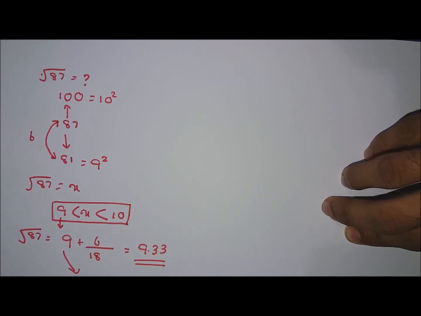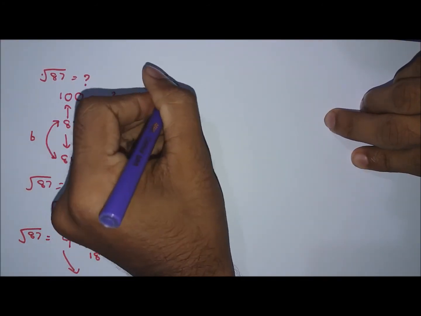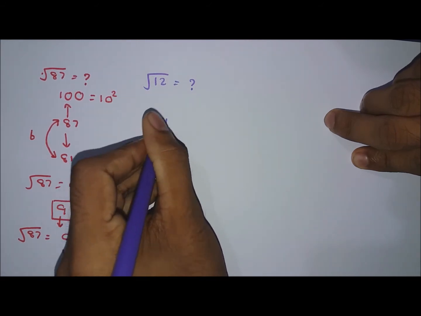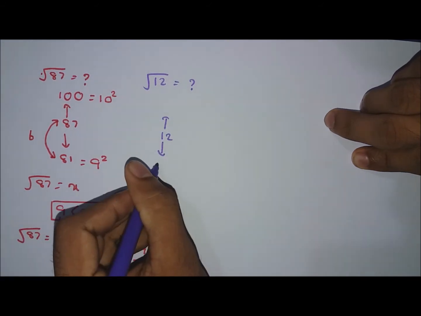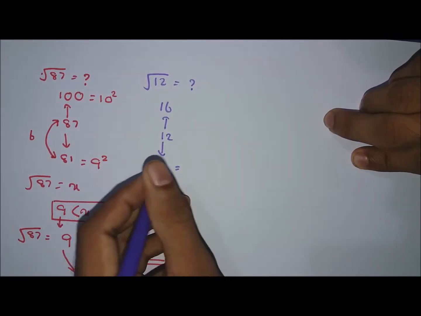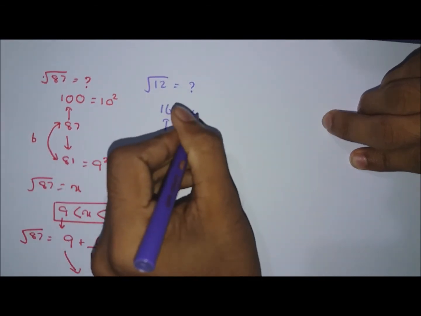Let's consider another example. We have to find the square root of 12. We also know 12 lies between 9 and 16. 9 is the square of 3 and 16 is the square of 4.